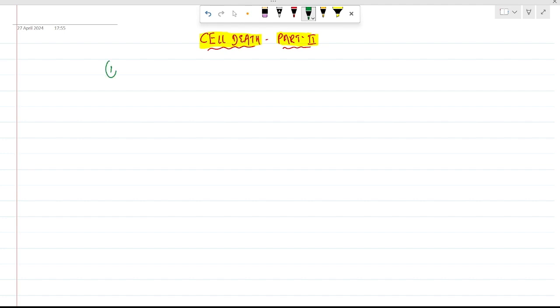So first here we are going to discuss necroptosis. From the word we already know that this is a combination of necrosis and apoptosis. Necrosis and apoptosis combination is necroptosis.